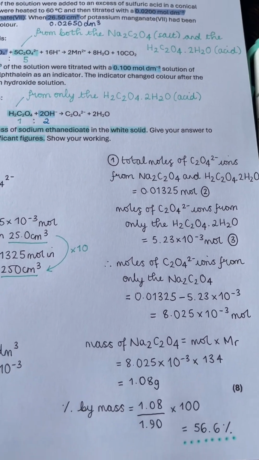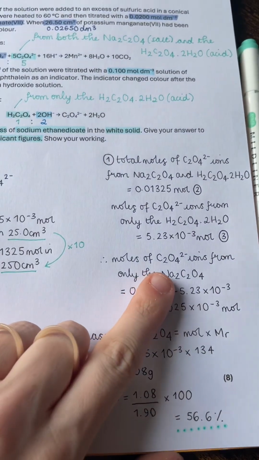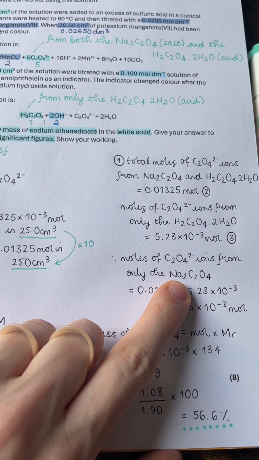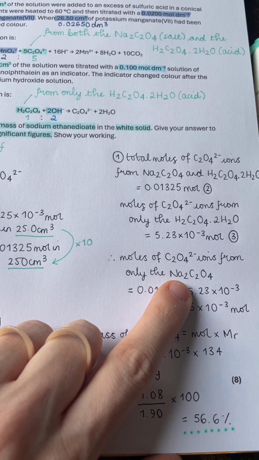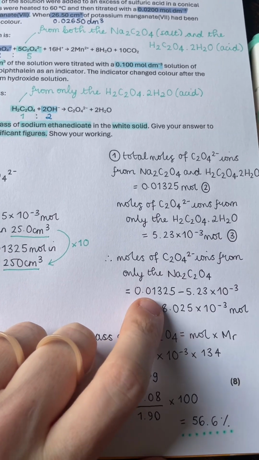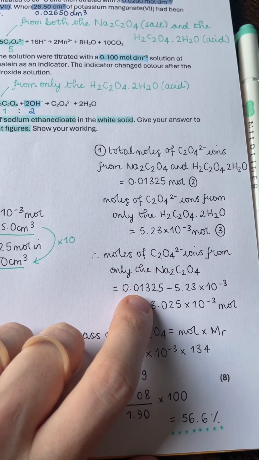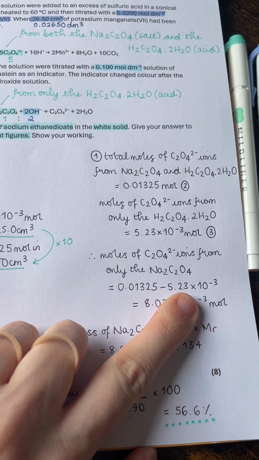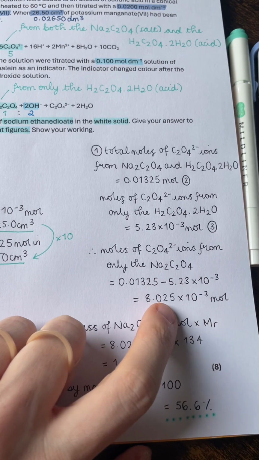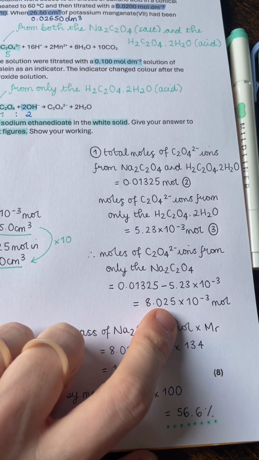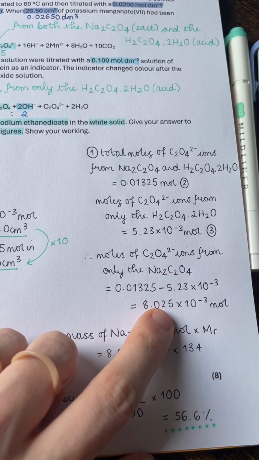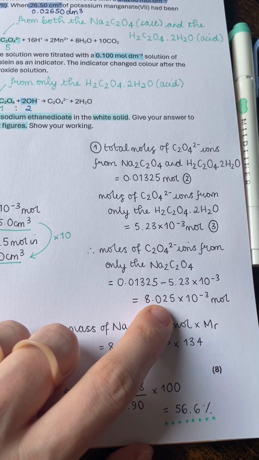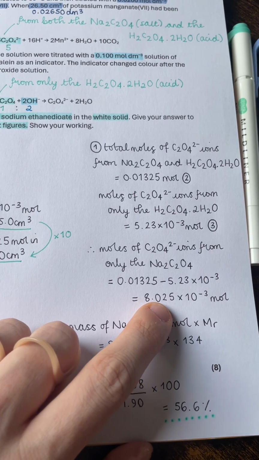We need to know how many moles of the C2O42- ions are going to come from just the Na2C2O4, the sodium ethane dioate. So to figure that out, if we know the total number of those ions coming from both species, and then we know the amount of those ions that come from the acid component, we can figure out the difference, and that will tell us the number of moles of C2O42- ions that come only from the sodium ethane dioate salt, which is 8.025 times 10 to the minus 3.